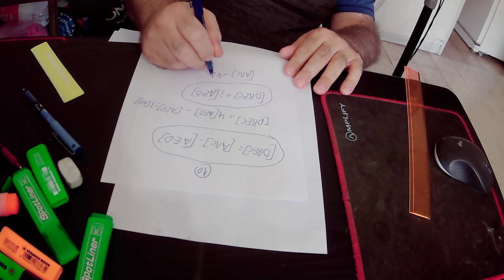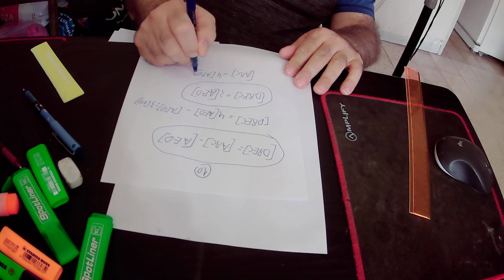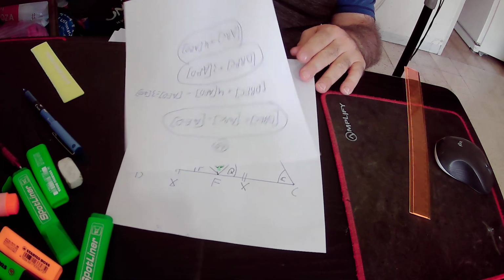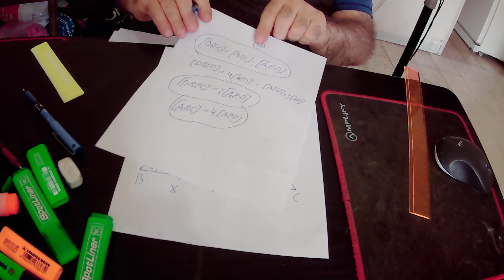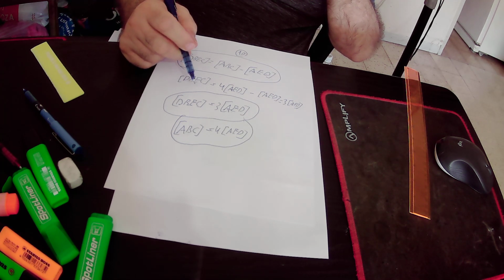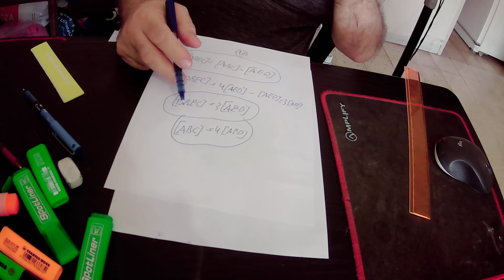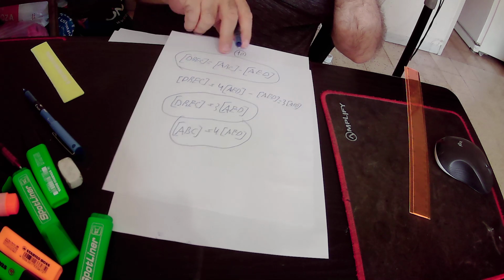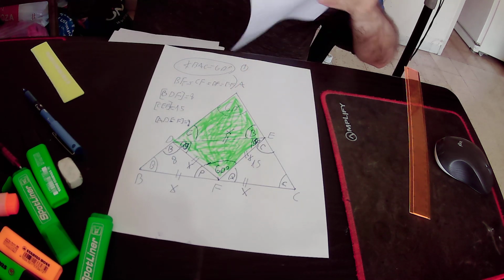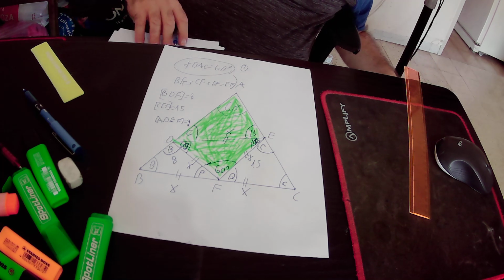So we have these two equalities: the area of the quadrilateral DBEC equals 3 times the area of triangle AED, and the area of triangle ABC equals 4 times the area of the small triangle AED.